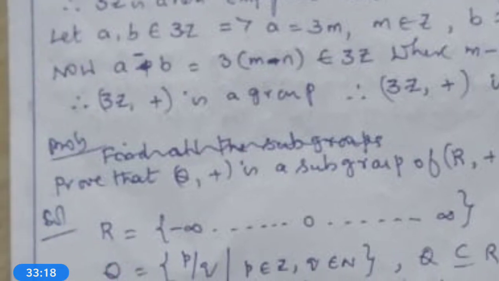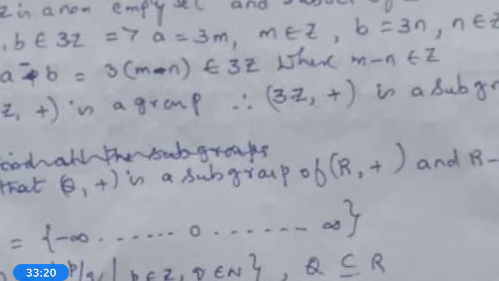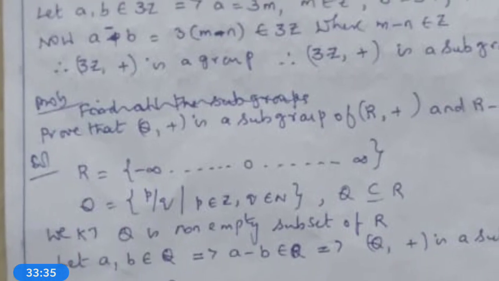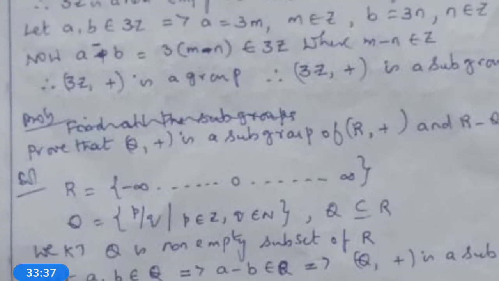Now a minus b, that is 3m minus 3n, that is 3 into (m minus n), belongs to 3Z, because m belongs to Z, n belongs to Z, so m minus n also belongs to Z. Therefore (3Z, +) is a group.